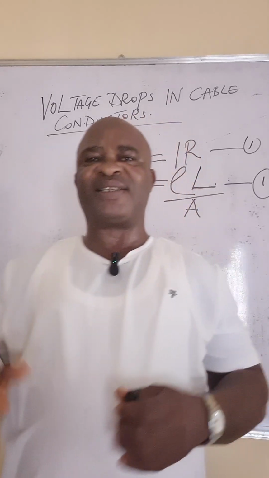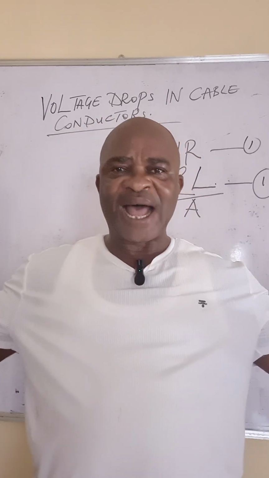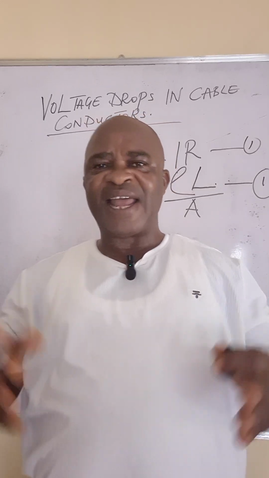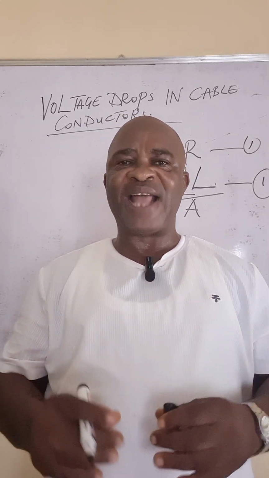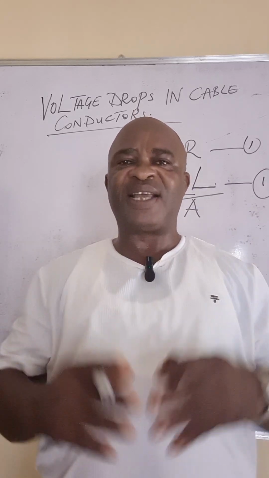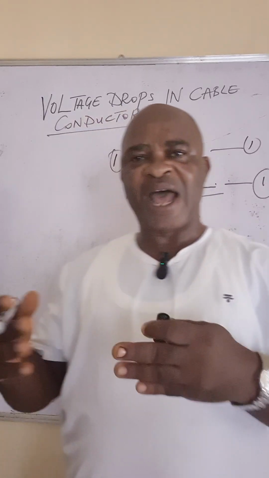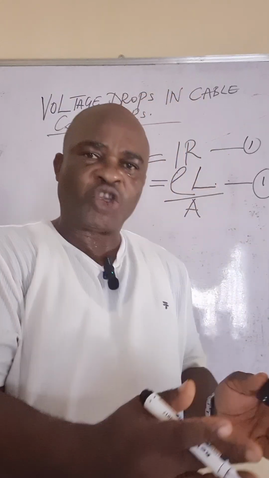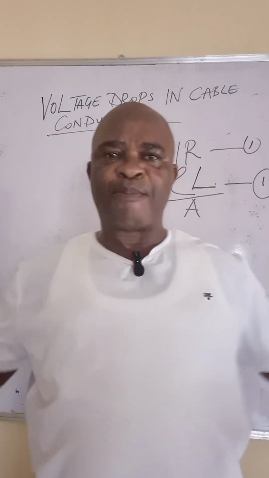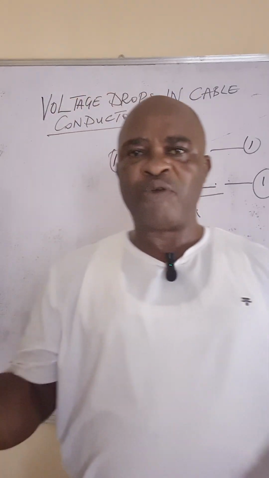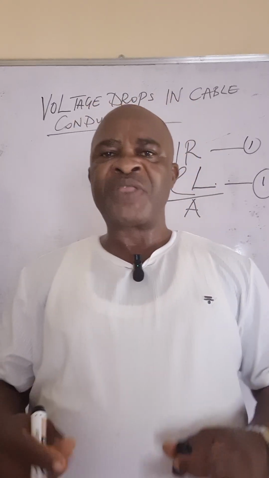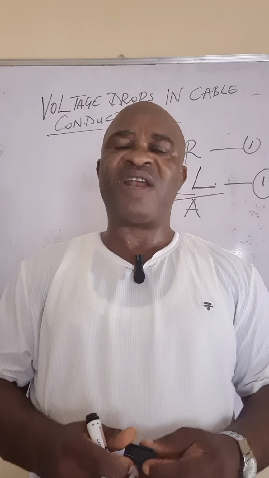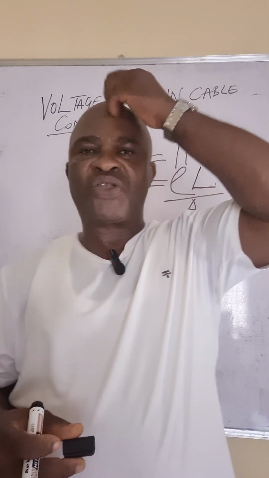It is found that the larger or thicker the cable conductor is, the less the friction, because all the moving electrons are there to be accommodated, nothing to disturb them. They are widely spread apart. That means electrons flow quickly. Therefore, the larger the thickness, the less the resistance of that particular circuit or conductor.